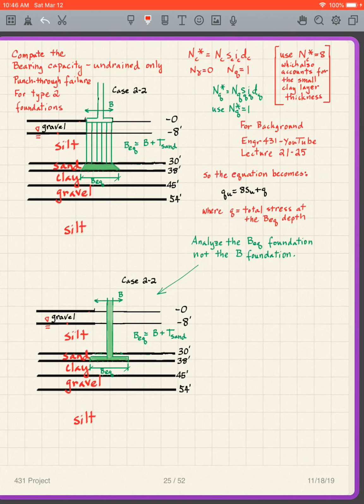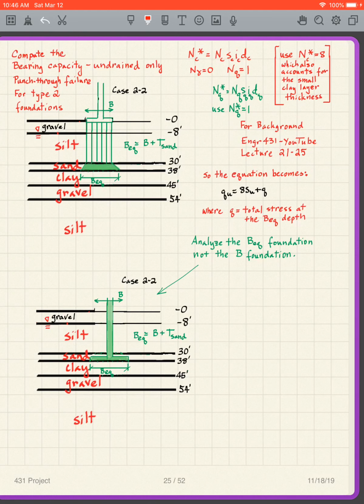And what I want you to use for the NC star is NC star equals 8. So you don't have to look it up, you don't have to compute it. It accounts for the small clay layer thickness, and all of these. So it's approximate.